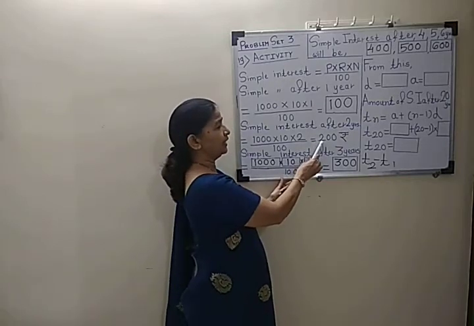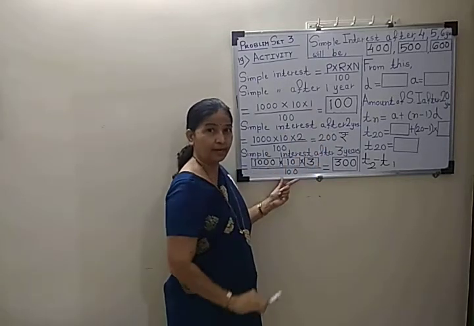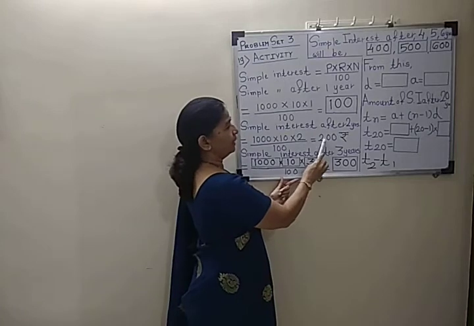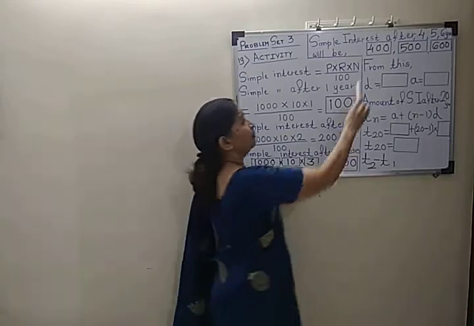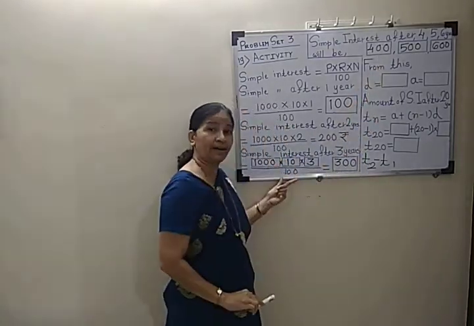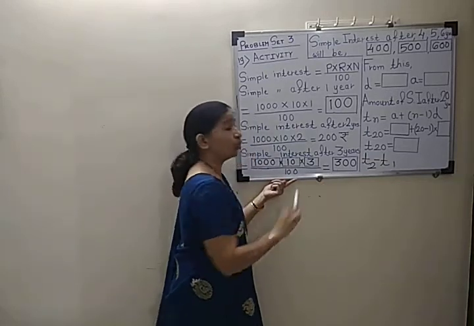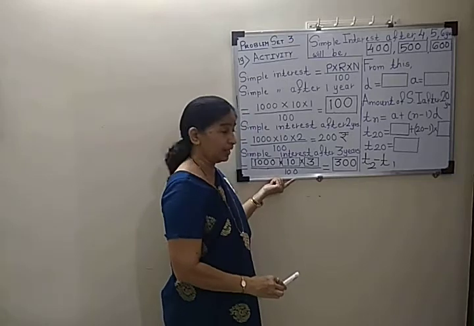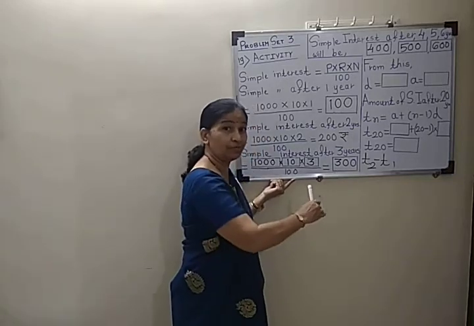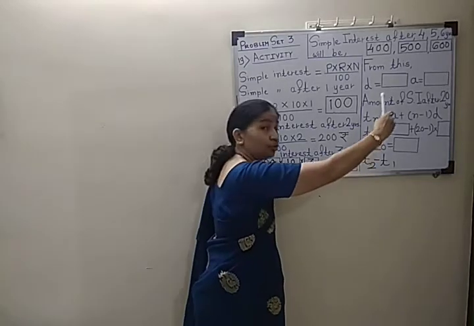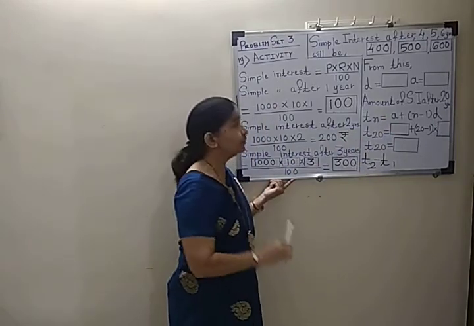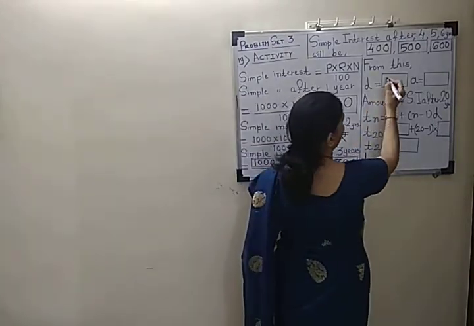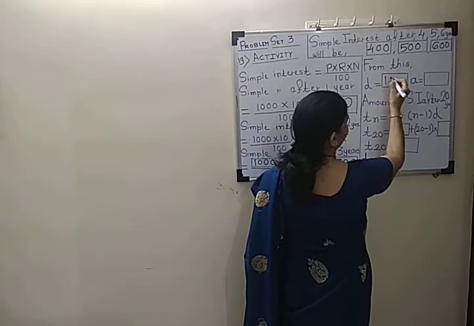Again calculate it. 200 minus 100, 100. 300 minus 200, 100. 400 minus 300, 100. So our common difference, which we are taking as the difference between consecutive terms, is coming as 100.